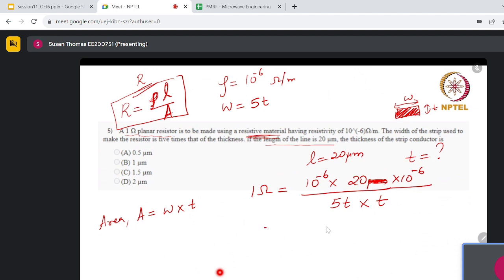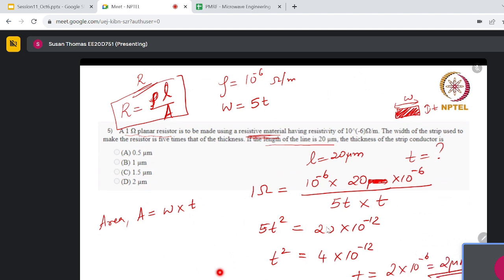So 5 t square will be 20 into 10 power minus 12. So t square will be 4 into 10 power minus 12, whereas t will be 2 into 10 power minus 6, or I can write it as the thickness is 2 micrometers.